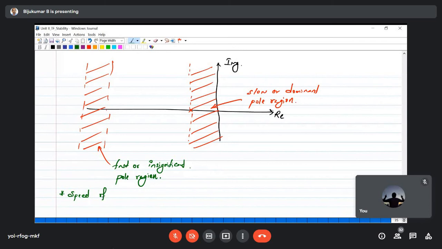The conclusion is that the speed of the output response is determined by the slow poles, because slow poles are the dominant poles.